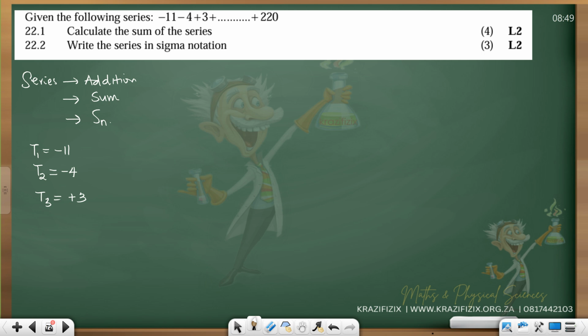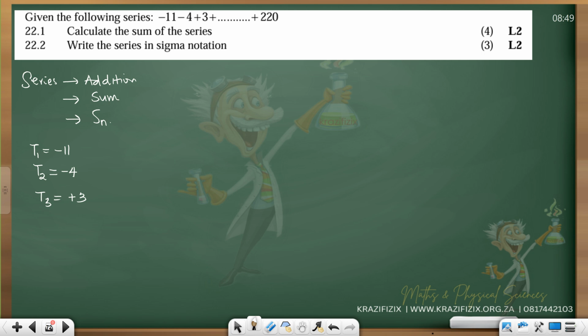This is important because it gives you the right formula to use. So you can test: T2 minus T1, T3 minus T2. If it's the same, it's a difference, which is arithmetic. If that doesn't work, you try the division, T2 over T1, T3 over T2, and you need to get the same answer.